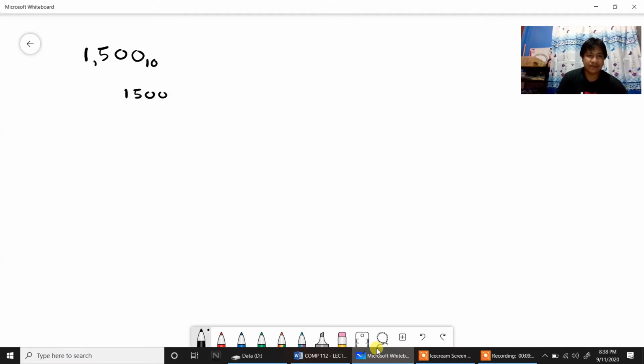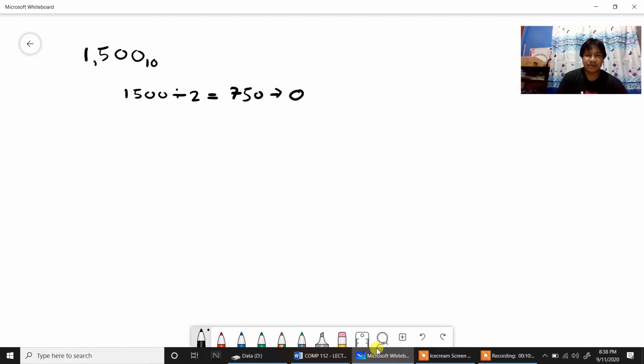So 15 divided by 2 is 7.50. So we get 7.50. So since 7.50 has no decimal place, so automatically this will become 0. Okay? So 0 is its equivalent in binary.